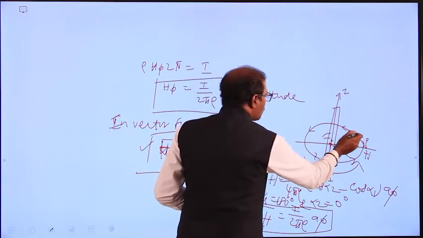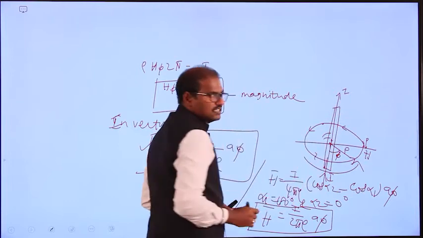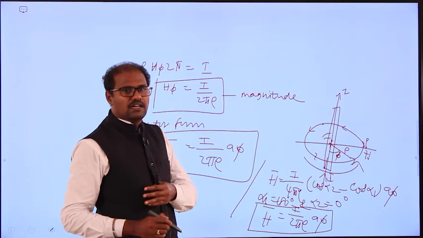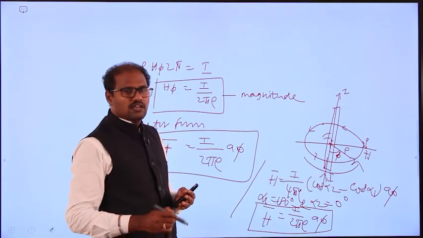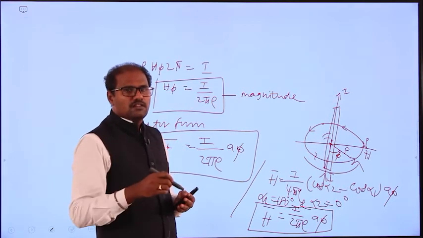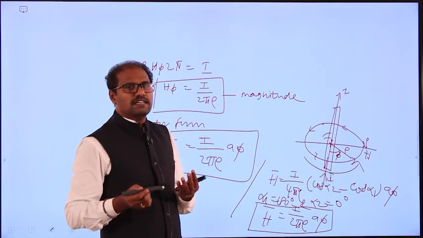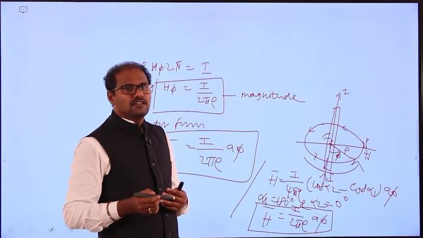The amount of magnetic intensity will be equal to the amount of current enclosed by the path. This is called Ampere's circuital law. Wherever the current is there, the equal amount of magnetic field intensity will be there. Simply we can say the circulation of H will be equal to I in the closed path.